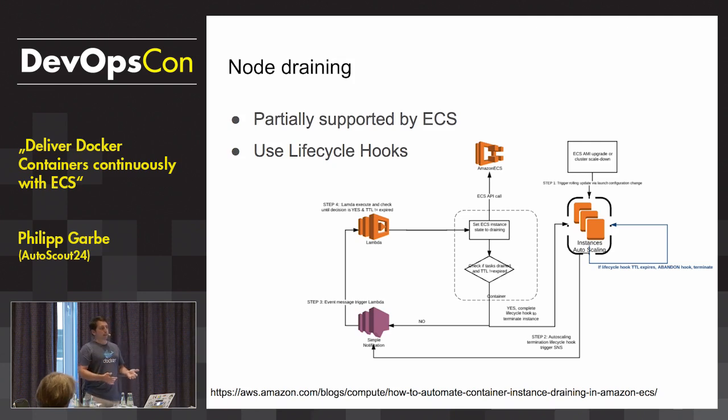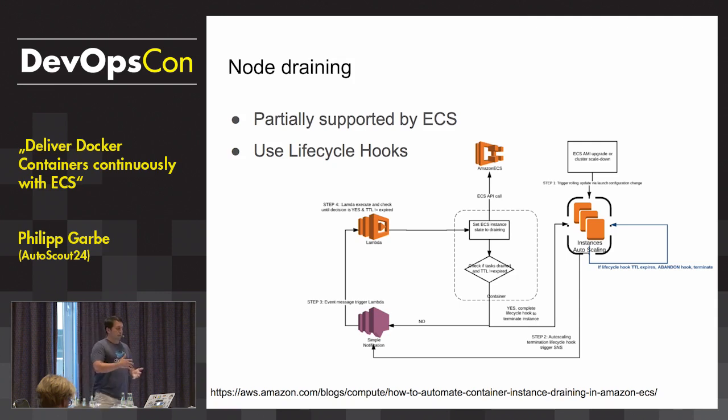But the problem is that the autoscaling group below does not know about that. The autoscaling group in AWS knows only about the EC2 machines and is not aware of what is running on top of that. If that's your application or an ECS cluster, it doesn't care.